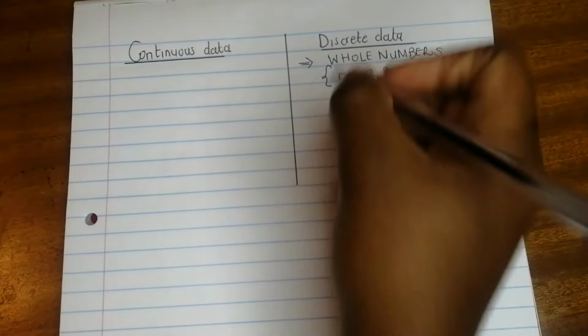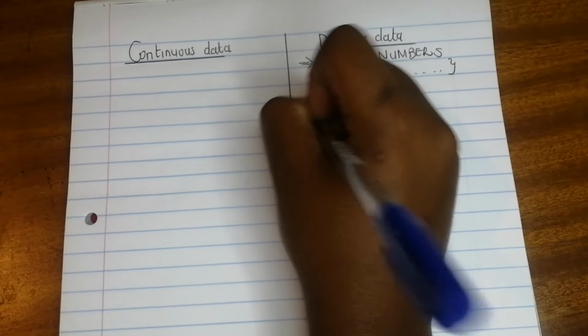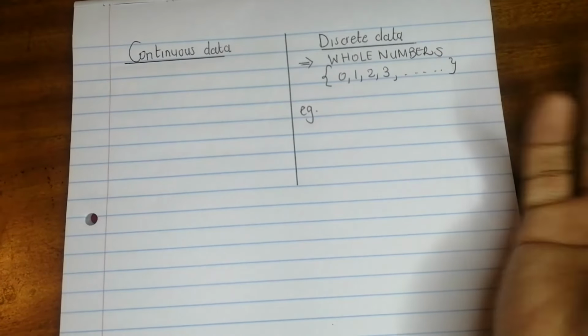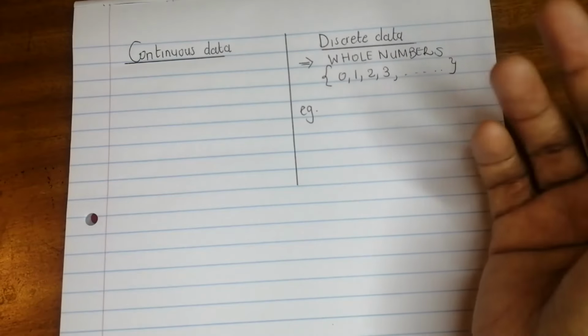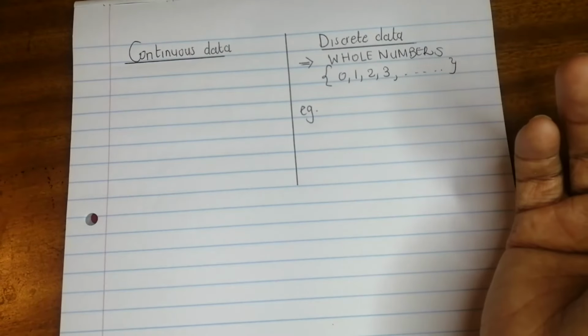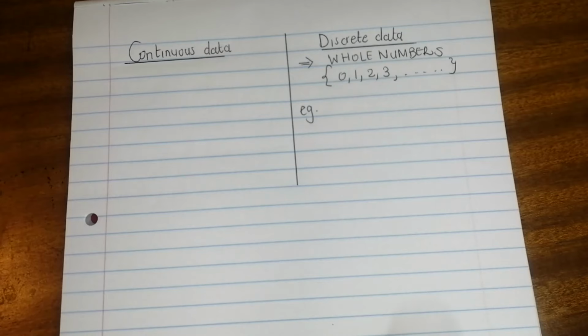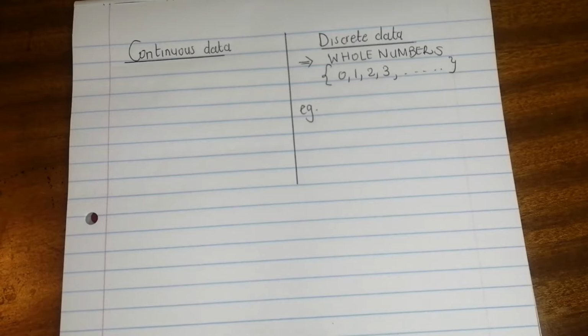So an example of this is when you count, for example, the number of learners that are in grade 12 in Germiston High, or in Boksburg High, or in Benoni High. You are counting the amount of learners, and you cannot get 1.5 learners. You only get a full learner, 1 learner, 2 learners.